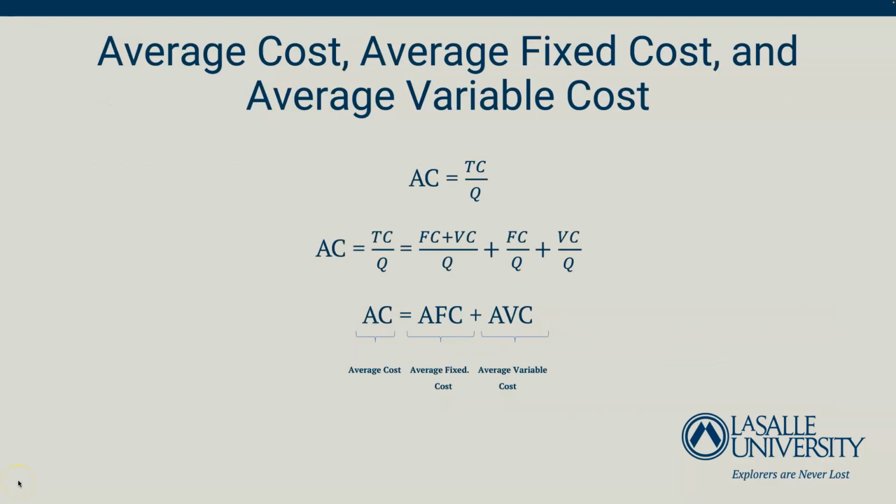We should also note the following for later. Recall that average cost, or the cost per unit, is simply total cost divided by the quantity of output or the number of patients seen.